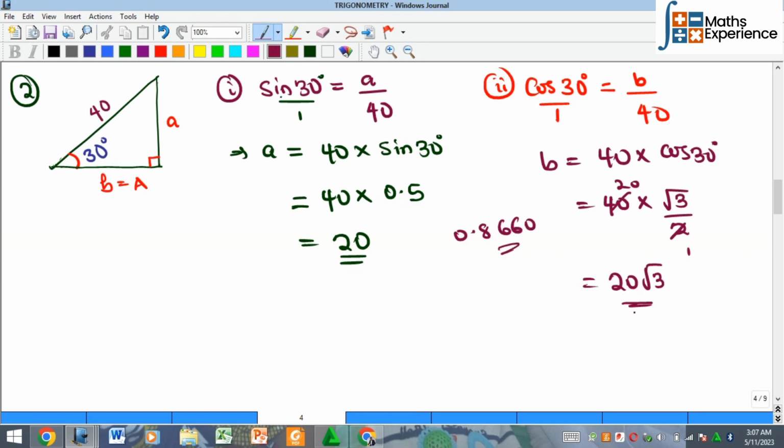But in most cases they will always ask us to leave this in surd form. And of course, in our subsequent video, I'm going to show you how cos 30 is equal to the root of 3 over 2. We will see that under the trigonometric ratios of special angles.